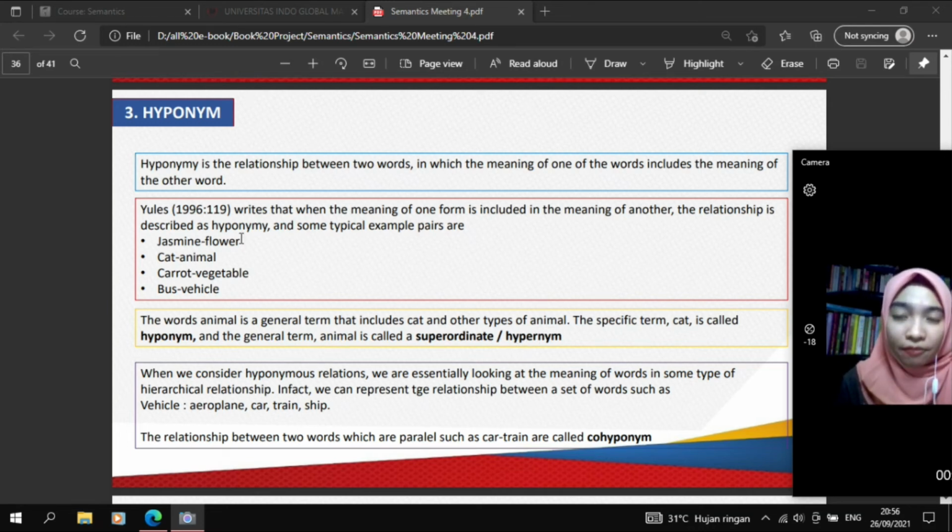Okay, so hypernym flower, hyponym just means rose, orchids, daisy. And then hypernym animal, we have cat as the hyponym, cat, dog, anything. Cat, dog, what else?